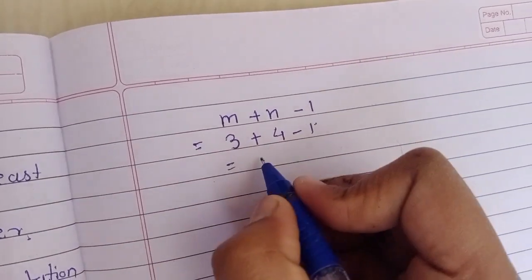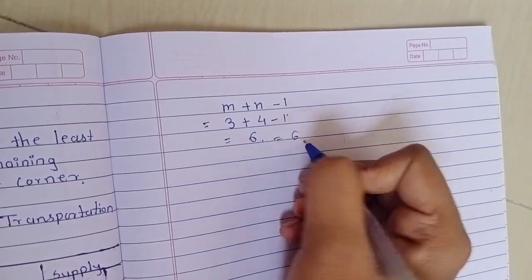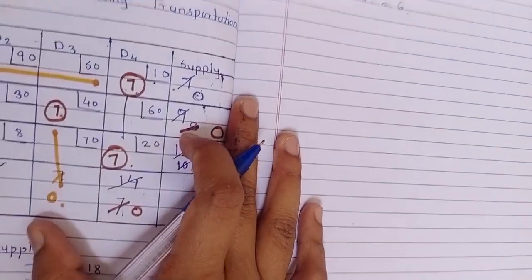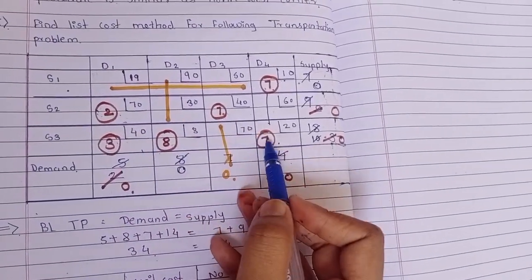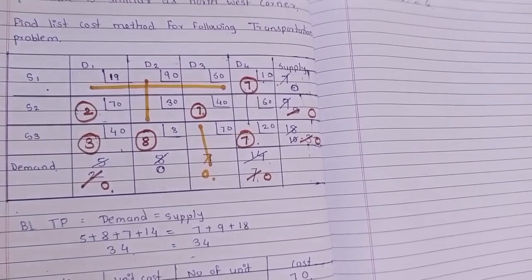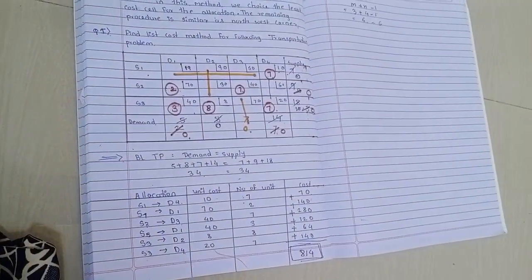The total of this is 6. So the number of allocations must be equal to 6, then it is a basic feasible solution. The number of allocations is 1, 2, 3, 4, 5, 6. The number of allocations in this table is 6. So this is the basic feasible solution for this question.